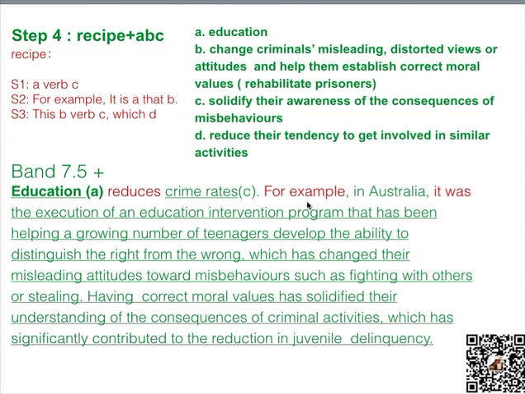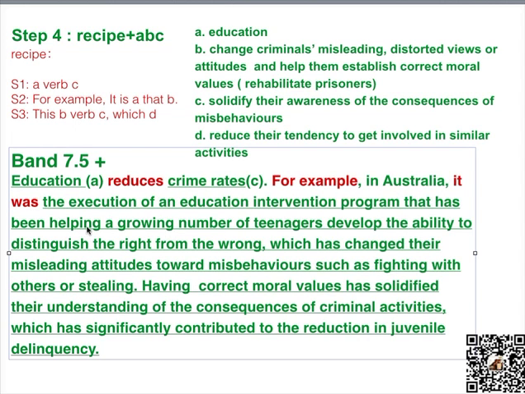For example here, in Australia, at worst, it is the execution of an education intervention program. Okay, this means that we put an education program in action. So we do that. This is the A. Has been helping a growing number of teenagers develop the ability to distinguish.